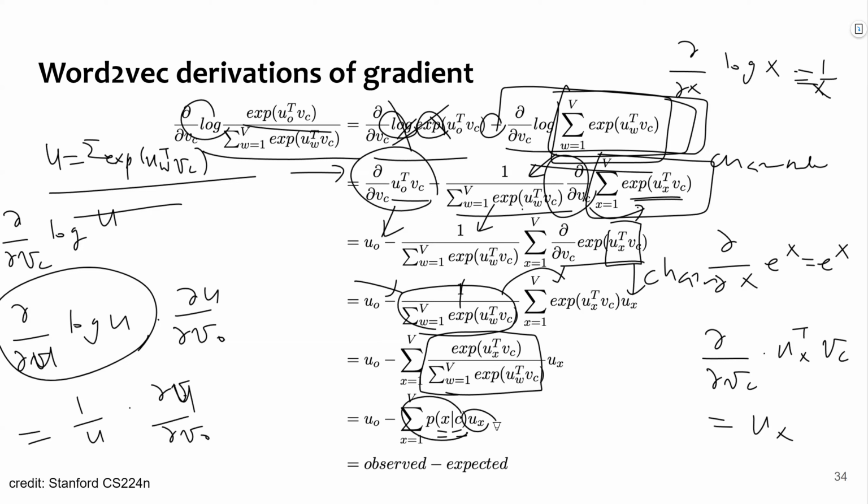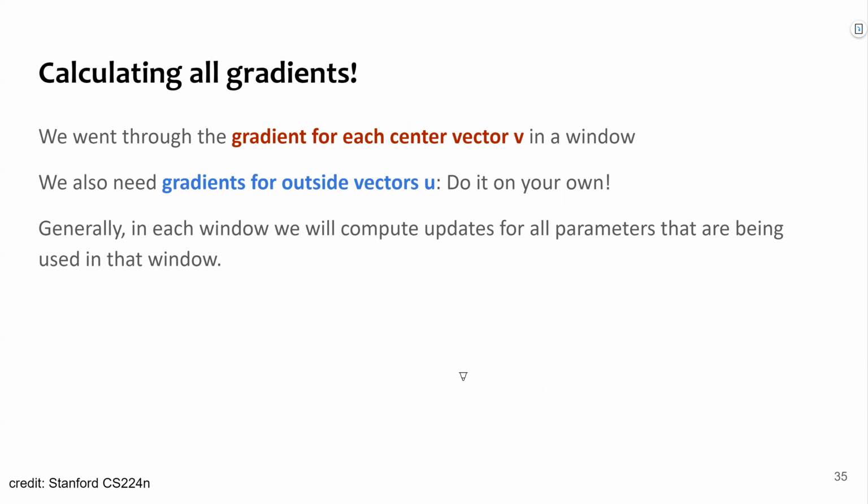This is the probability of observing word x given the context word c. And this is a weighted summation, so it is an expected vector. And this is the actually observed vector. As you can see here, the gradient is just the difference between the observed and the expected. This is quite intuitive, right?